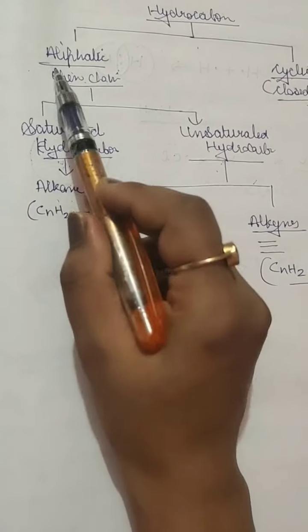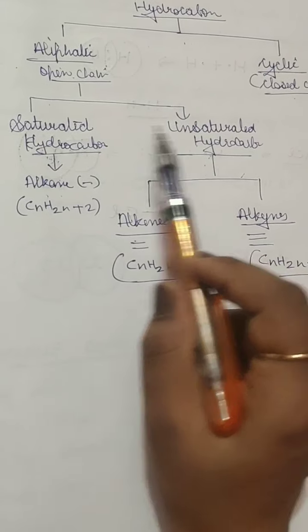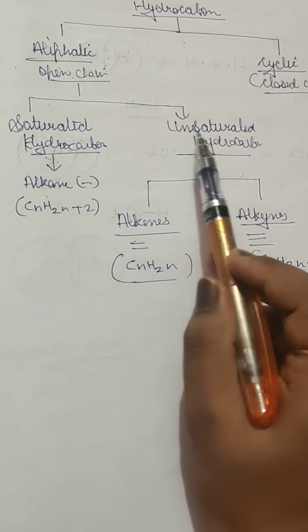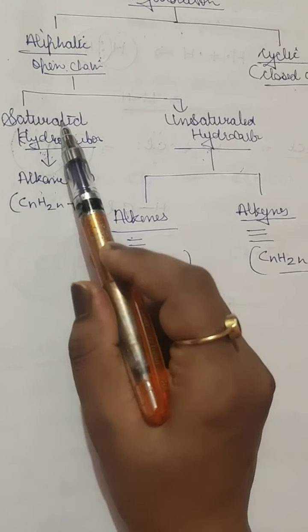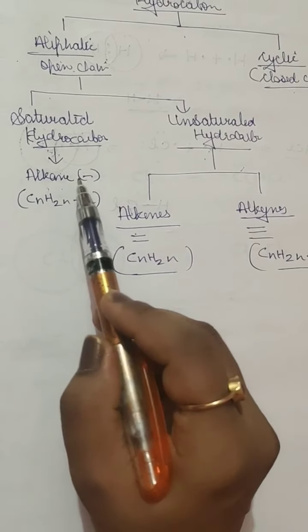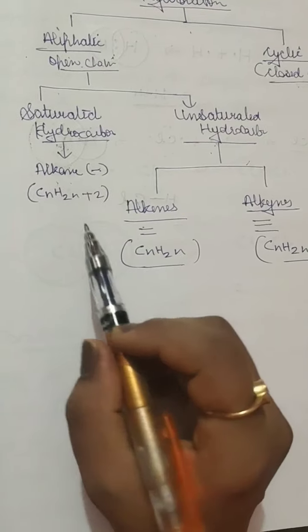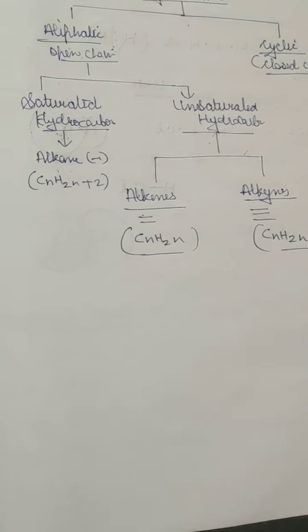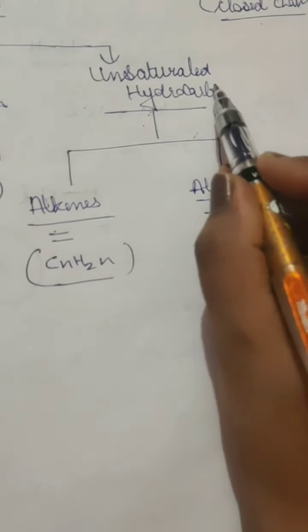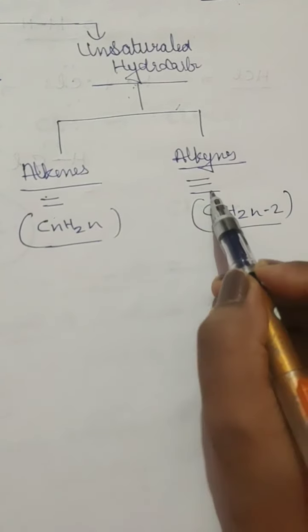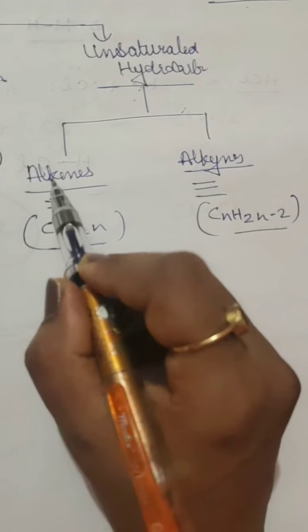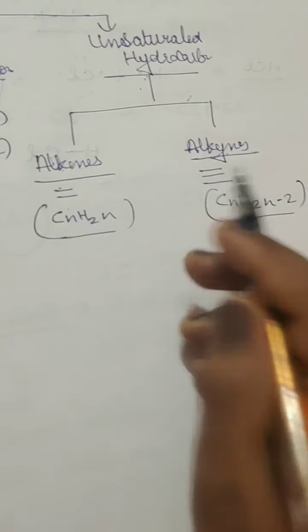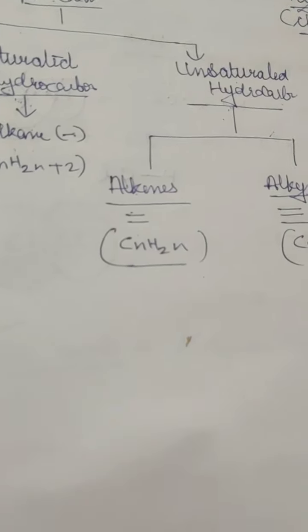In aliphatic we have two categories called saturated hydrocarbons and unsaturated hydrocarbons. In saturated there is only a single bond, that means carbon shares a single bond with the other carbon atom. In unsaturated there will be double bonds and triple bonds. Double bonds are called alkenes and triple bonds are called alkynes. So we will be reading about alkenes and alkynes today.